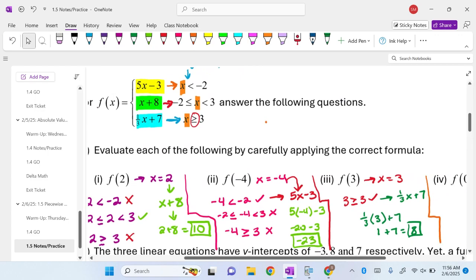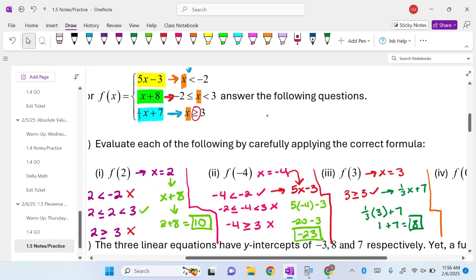When x is equal to 0, I want you to hold up one finger if we're going to use the yellow function to evaluate, 2 fingers if we're going to use the green function, and 3 fingers if we're going to use the blue function for when x is 0. Ready? 1, 2, 3. Good. You should have used the green, or 2 fingers.